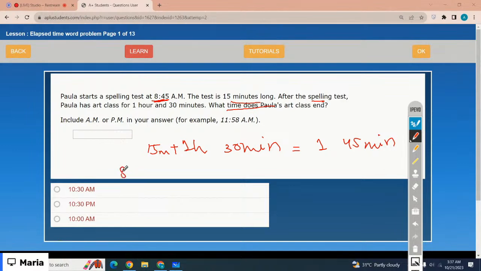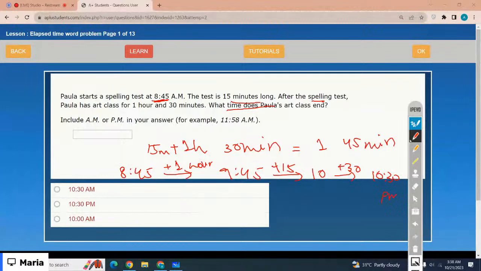When you add 1 hour, that would be 9:45. Now you have to add 45 minutes. So just break down 45 minutes to 15 minutes first. Add 15 minutes to 9:45, that would be 10, and then add 30 minutes, so that would be 10:30. That is easy to add, right?